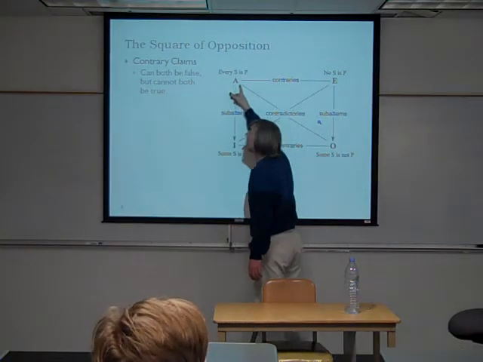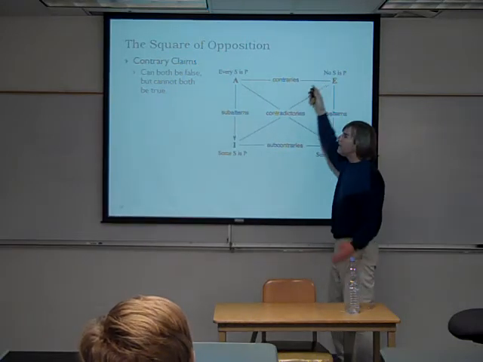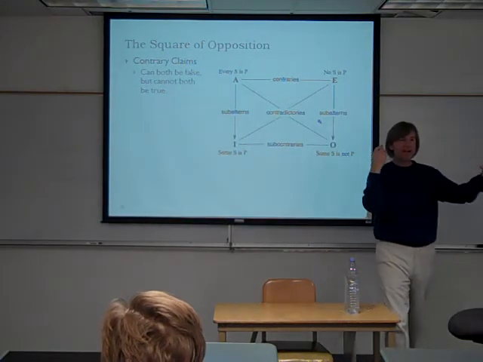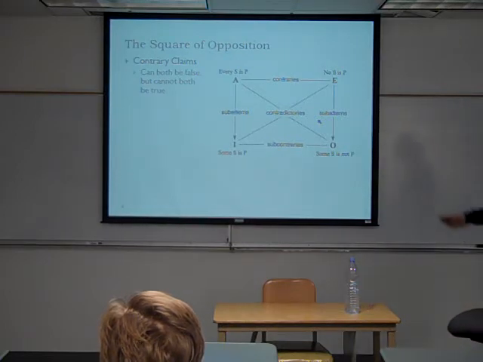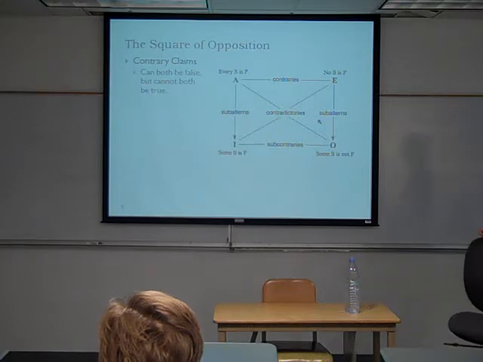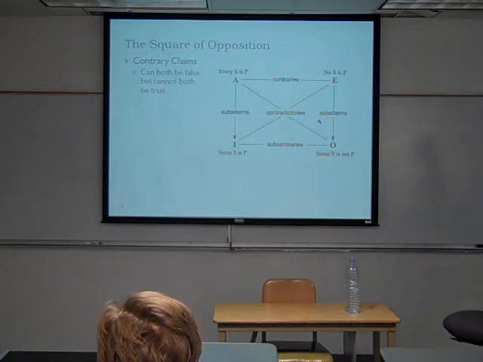All S is P, no S is P. They're contrary in that they're saying the opposite of each other. And therefore, the logical relation between them is they can both be false, but they cannot both be true.